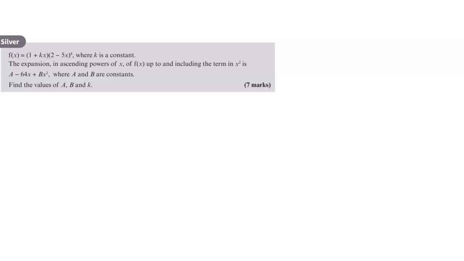So up to the x squared term. We've got 2 to the power of 4 plus, leave a space, 2 cubed times minus 5x plus, leave a little space, 2 squared times minus 5x squared. Just check that all the pairs of powers add up to 4: 4, 3 and 1, 2 and 2, all add up to 4. And now we need to put Pascal on. That's a 1, so we'll leave that.